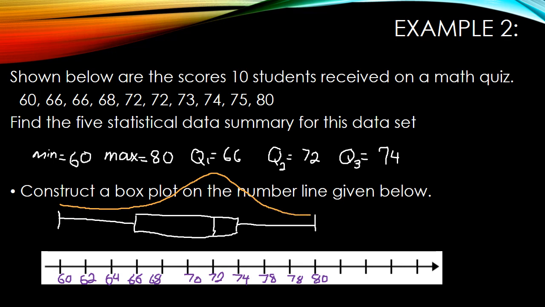Looking at the shape of this data set, I can see that this distribution is skewed left, because most of the data are not in the middle, they're shifted, and the tail of the distribution is to the left.